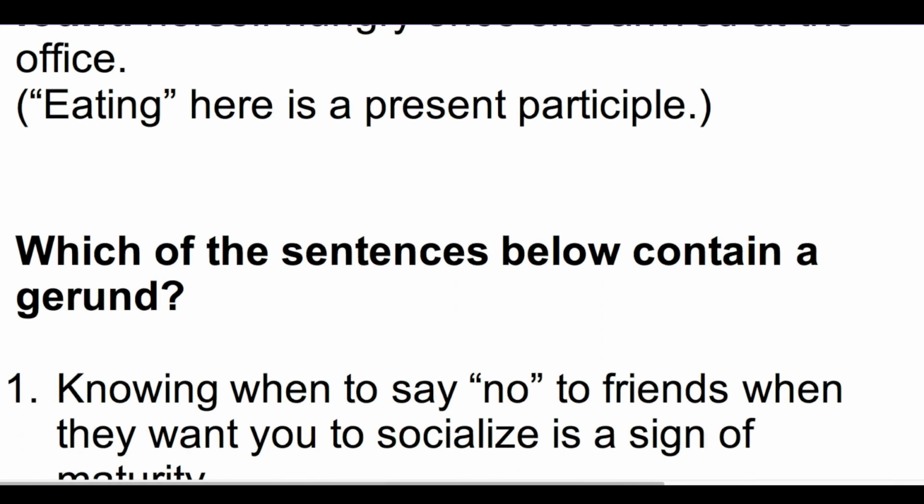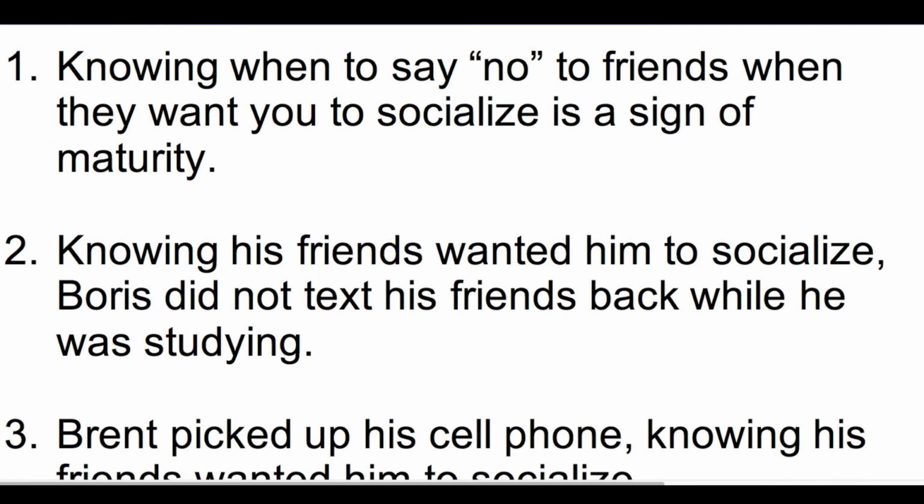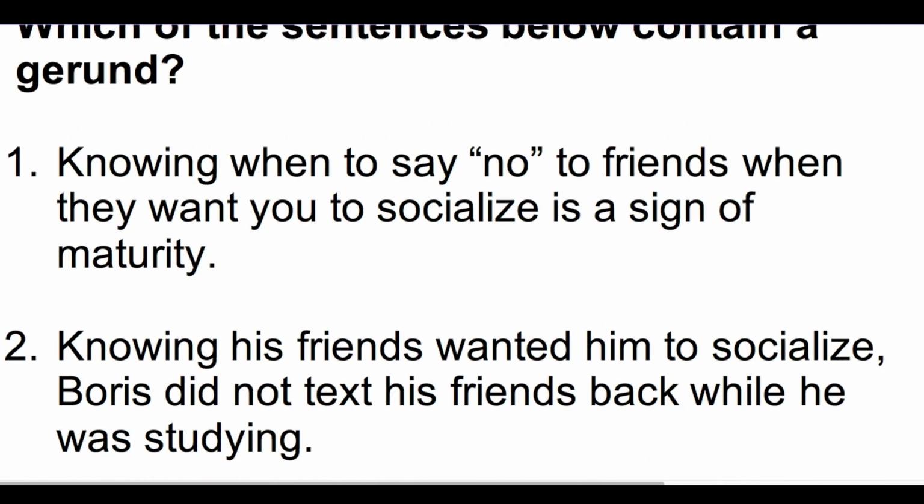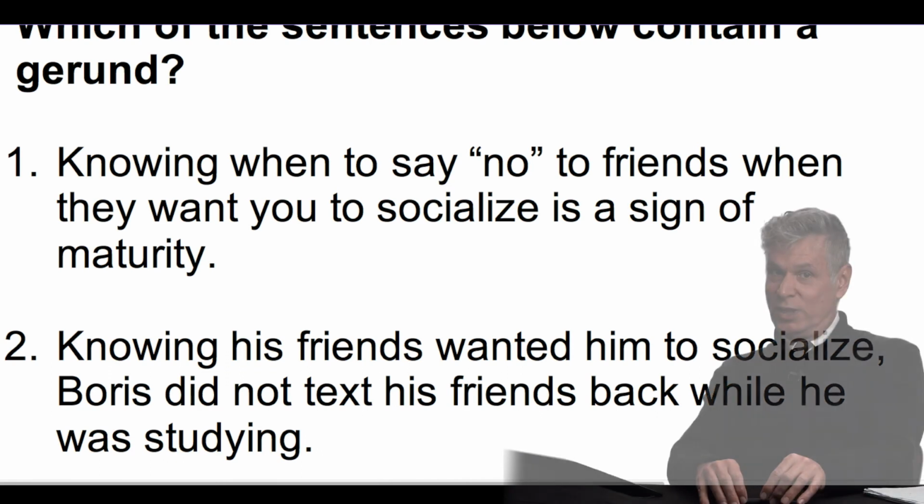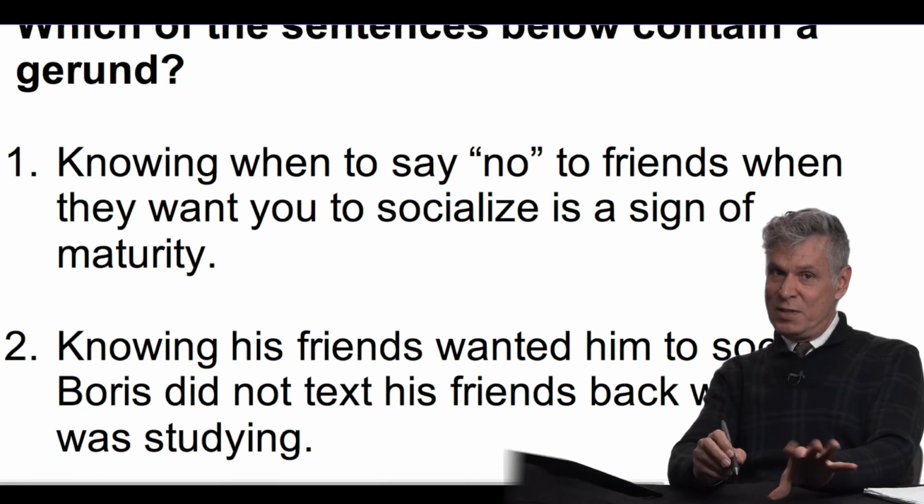Okie dokie. So I have 3 sentences here. I'm going to read them very quickly. You in your head decide gerund or present participle. Knowing when to say no to friends when they want you to socialize is a sign of maturity. What do you think? Take out that scrap piece of paper, gerund or present participle.